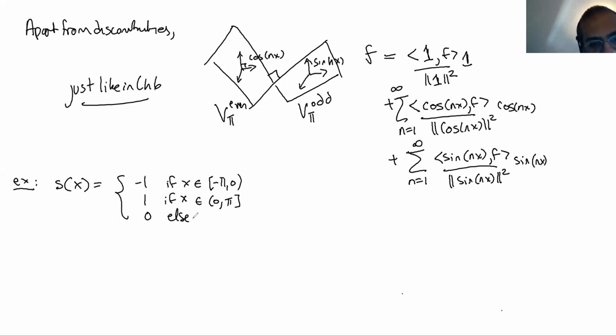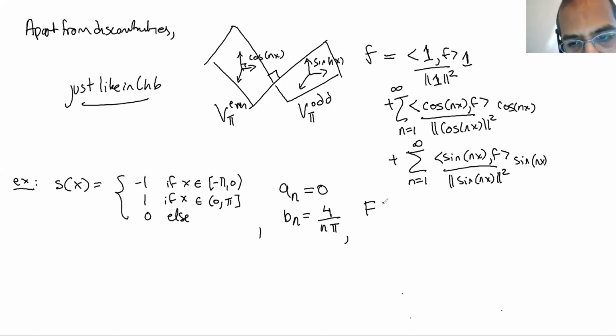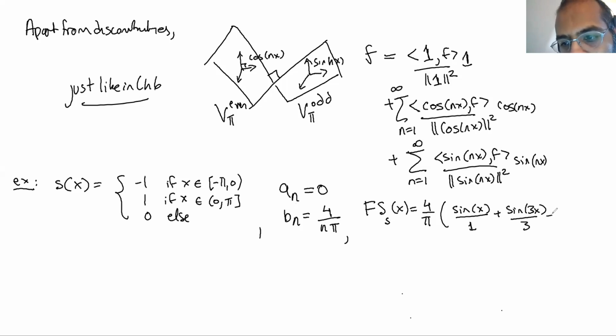We calculated that the a_n are 0, just because the function is odd, so the cosine coefficients are 0. And the b_n are 4 over n pi. So the Fourier series of this function s is the series 4 over pi times sine x over 1 plus sine 3x over 3 plus sine 5x over 5.